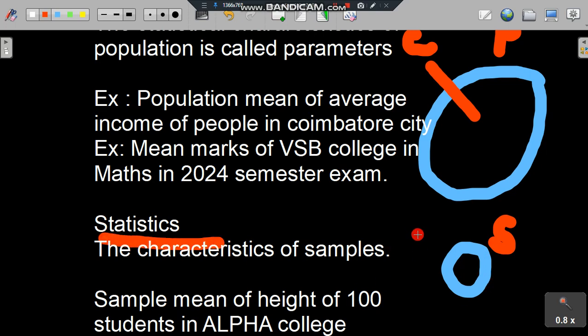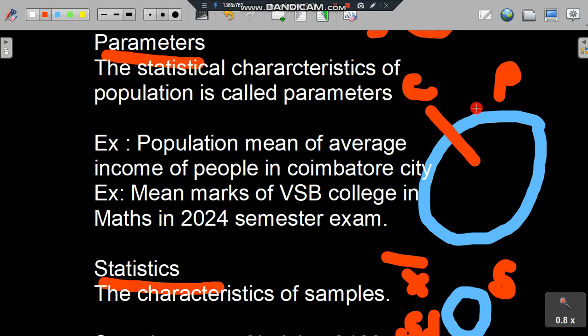Take for example x bar, the notation for the mean of the sample, or the standard deviation of the sample. These are examples of statistics. For the population, mu is the population mean, that is one parameter.